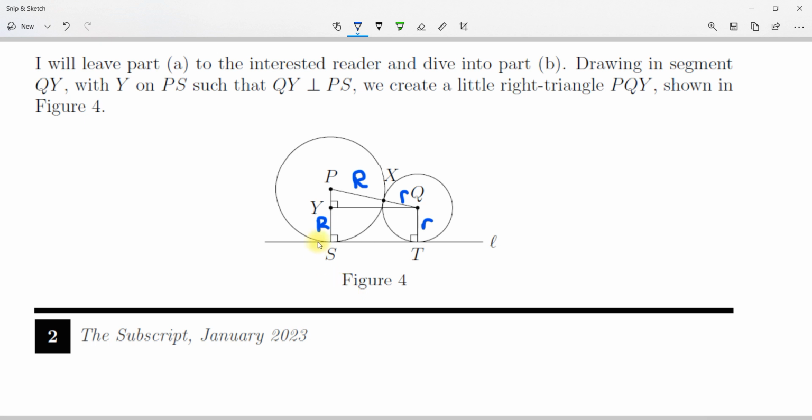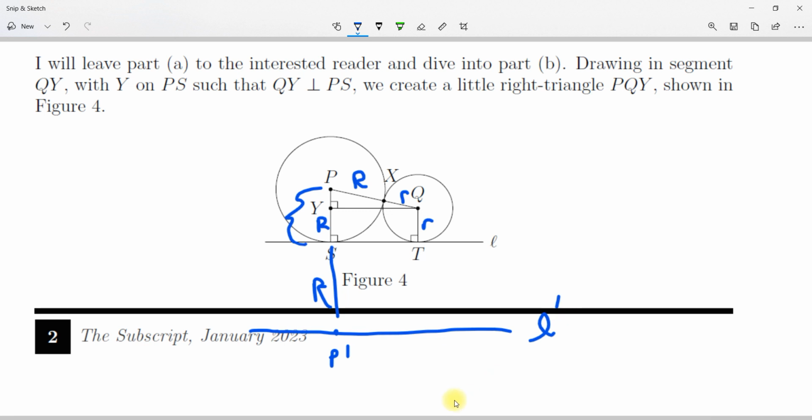But if we did a little bit of playing, since we know that from P to S is R, if we reflected P in the line to get P prime down here, then this distance would be R, and if we created a line parallel to L prime, then by construction, Q is the point that's the same distance from P and from this line L prime, which means that Q is going to be on some parabola.